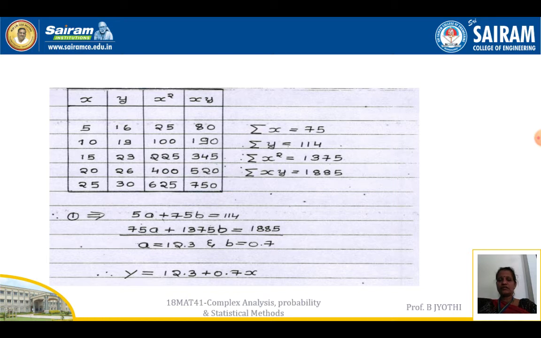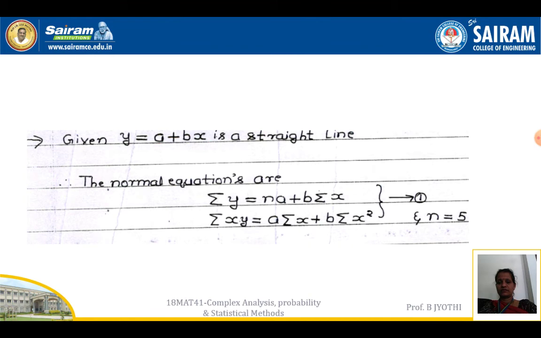So on solving these two equations, we get a as 12.3 and b as 0.7. So we get y is equal to 12.3 plus 0.7x.